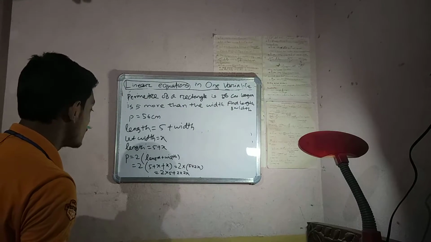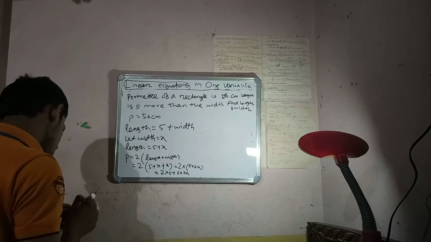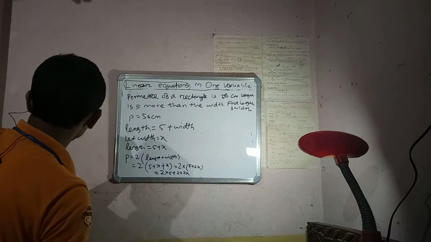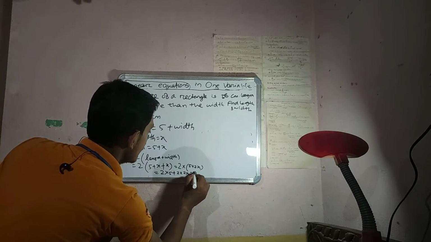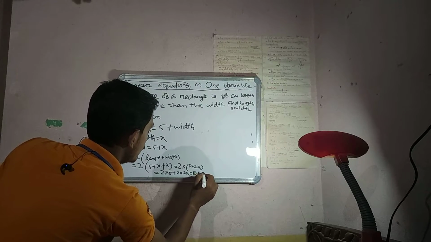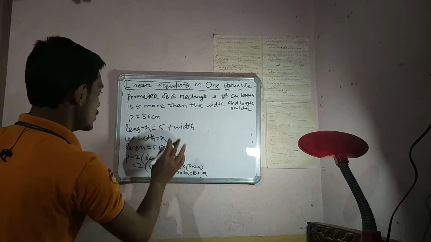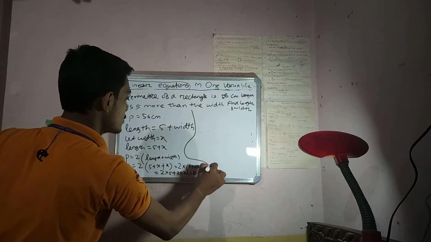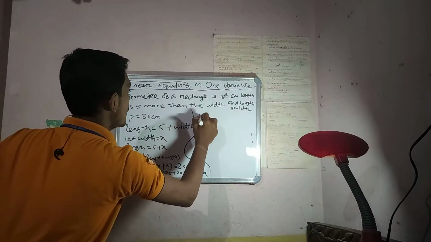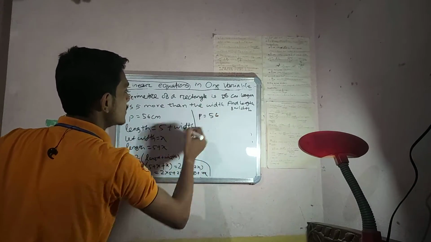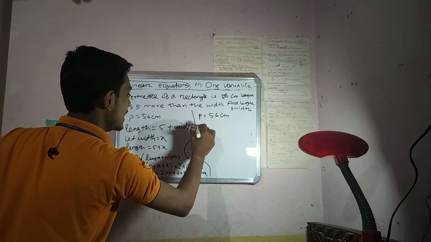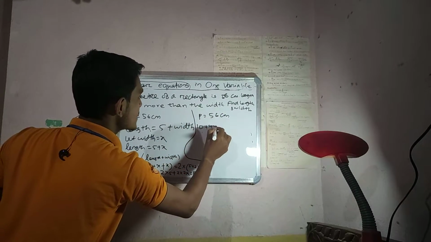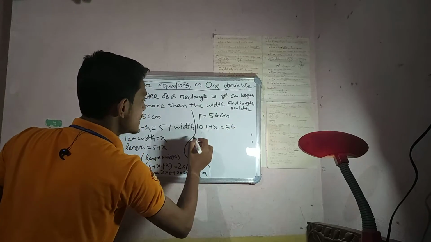The distributive property holds for rational numbers and also any numbers, natural numbers, whole numbers or integers. So 10 plus 4x. So this is the 10 plus 4x. But we have perimeter equal to 56 centimeter. So we get the equation, that is 10 plus 4x is equal to 56.